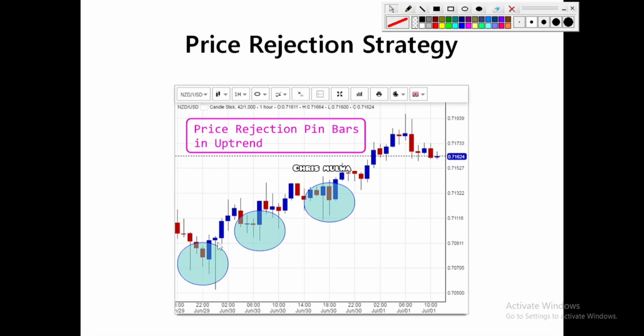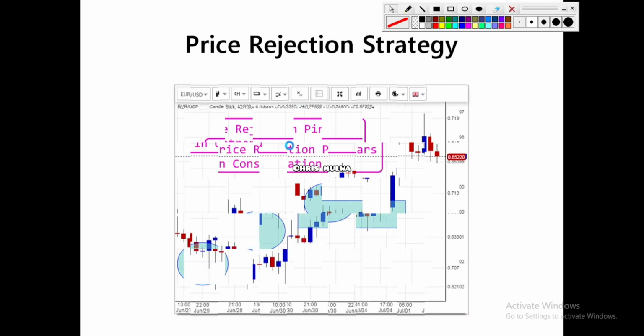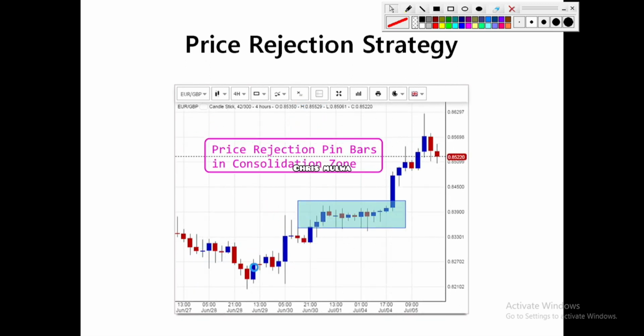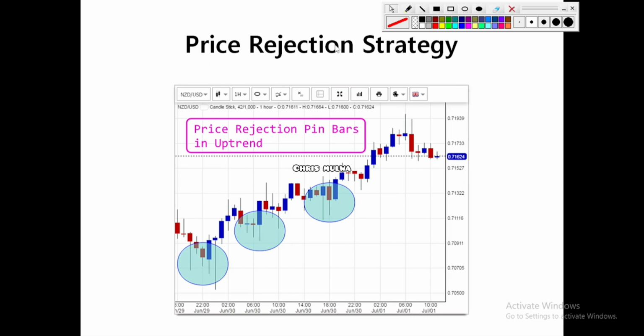This is what we call the hammer. We will check this one also and how you can trade it.